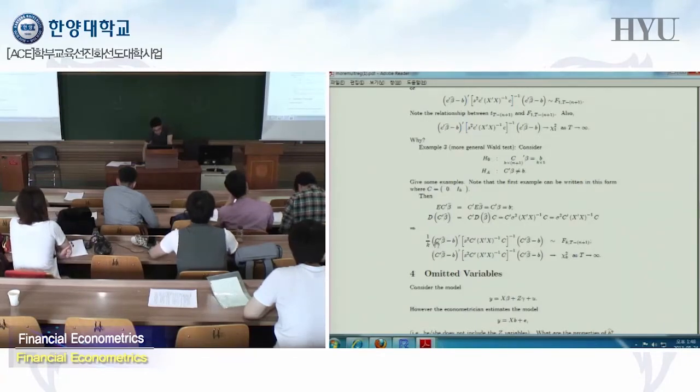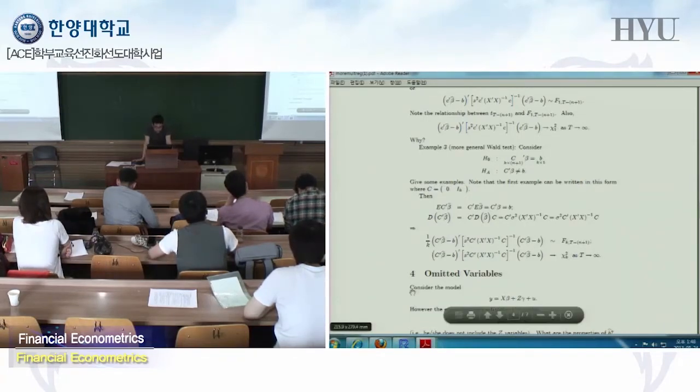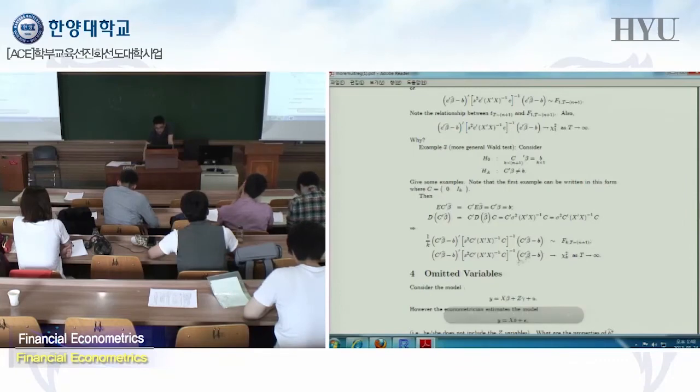So 1 over K multiplied by (C' beta hat minus b)' times the inverse of S square C'(X'X) inverse C, times (C' beta hat minus b), should follow the F distribution with degrees of freedom K and T minus N plus 1. And of course, if we have a large T, if we have enough sample, then you can simply use the chi-square distribution where the degree of freedom is simply K.